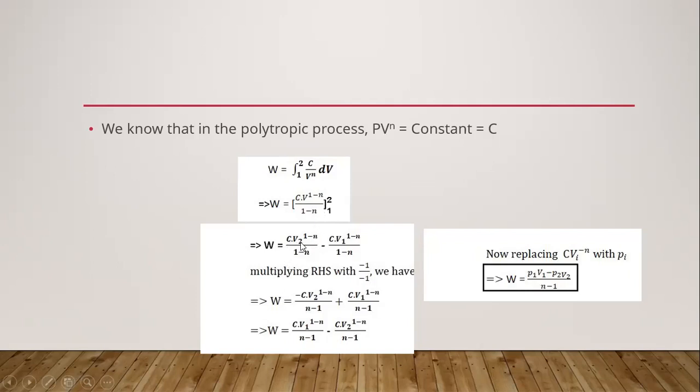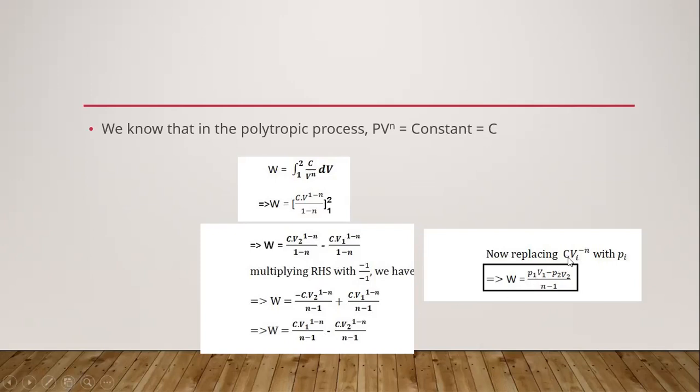So C into V2 power 1 minus n divided by 1 minus n, minus C into V1 power 1 minus n by 1 minus n. Multiply through by a negative sign the above equation, so that the minus sign will become positive and this term will become negative.